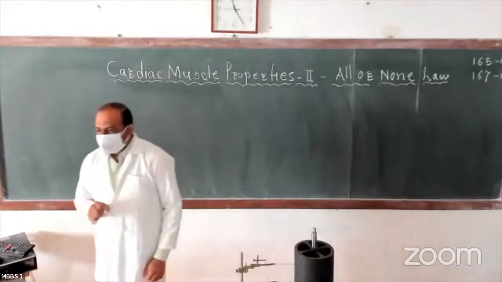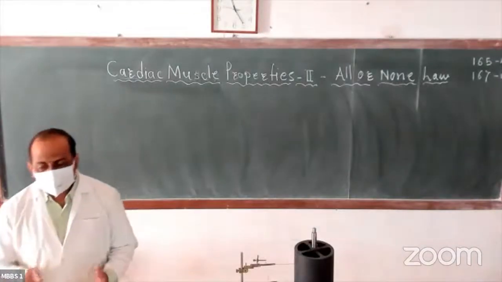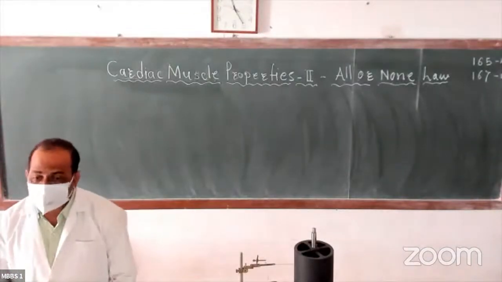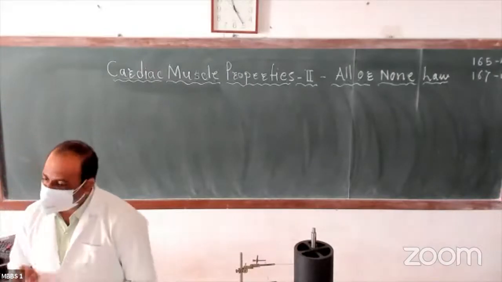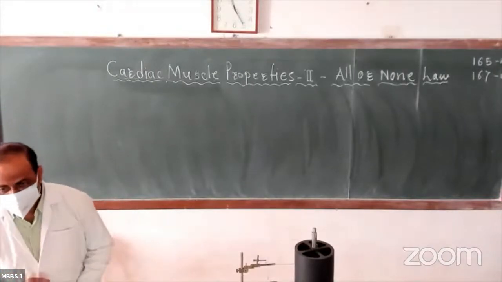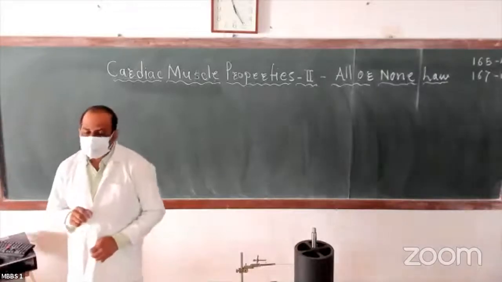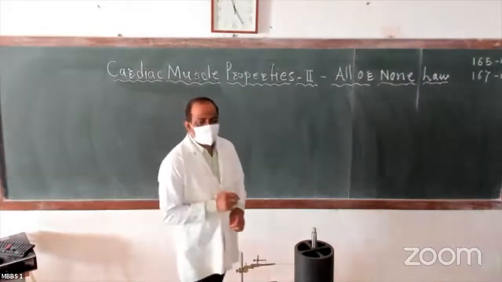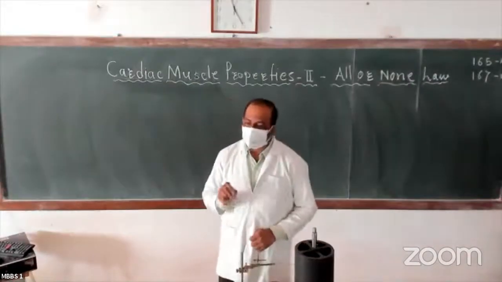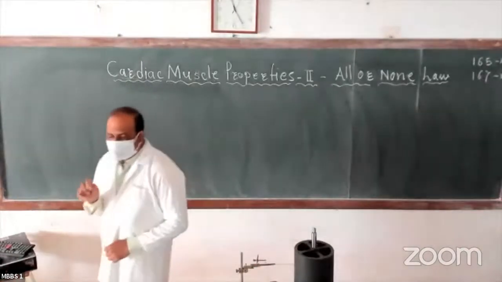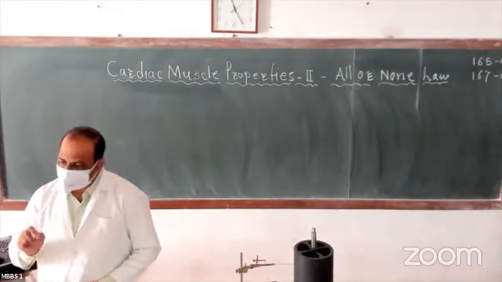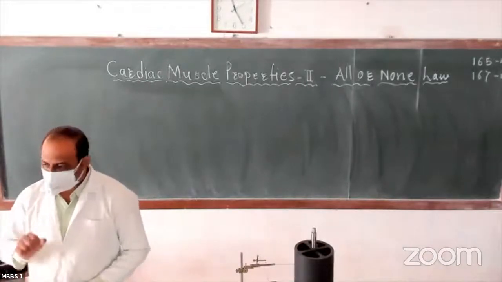If you stimulate this cardiac muscle, which is arranged in a syncytial structure, each cell is connected to the other cell by the intercalated disc, and this intercalated disc provides the path for the transmission of the impulse. Is it clear? So, if you stimulate any part of the cardiac muscle or any part of the ventricle, the whole ventricle will contract.